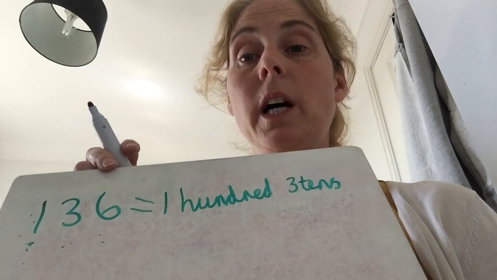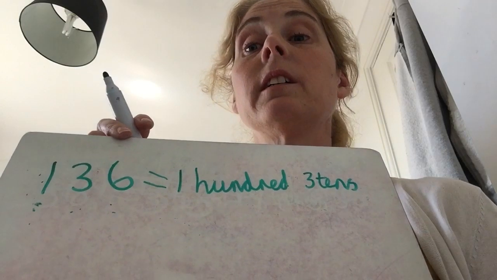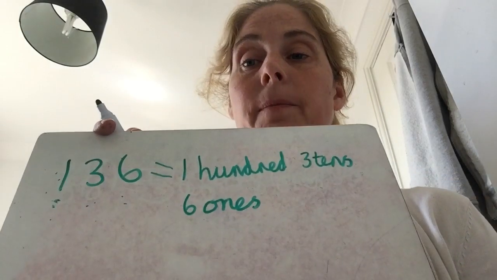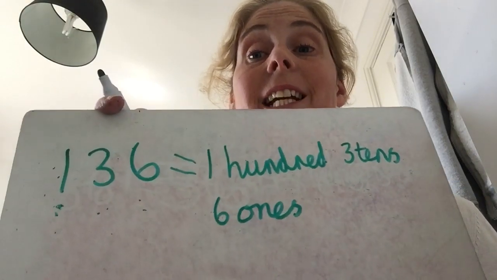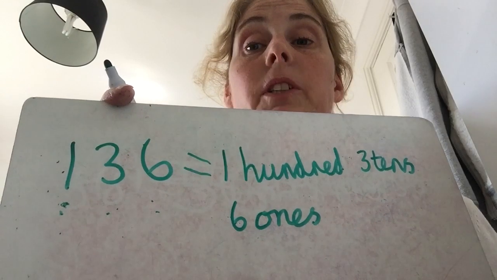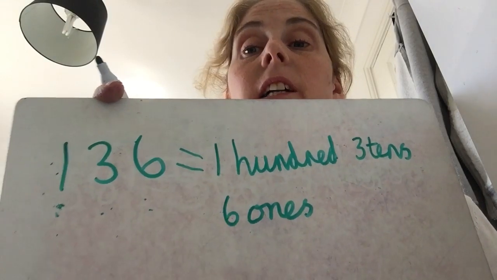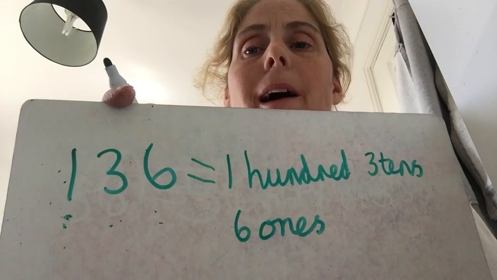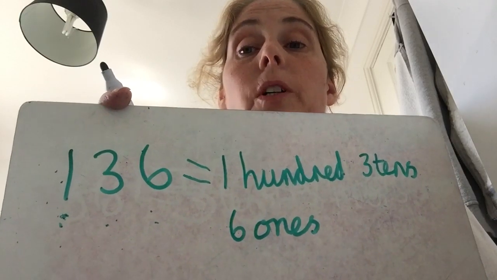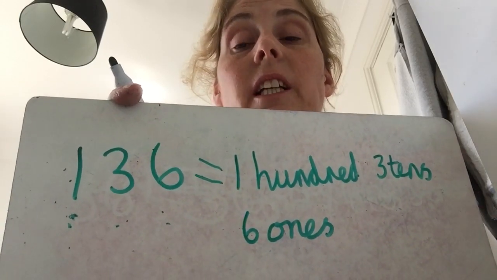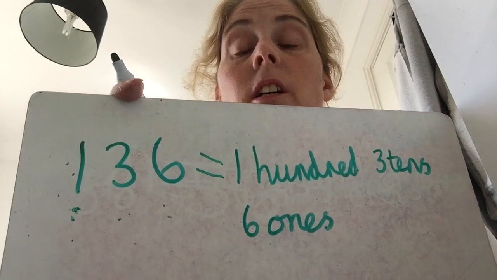And how many ones? 6 ones. Okay, so if you feel ready to move on to 3-digit numbers, that is absolutely fine, and at the end of my PowerPoint, I will make sure I put some 3-digit numbers on there as an extension task.